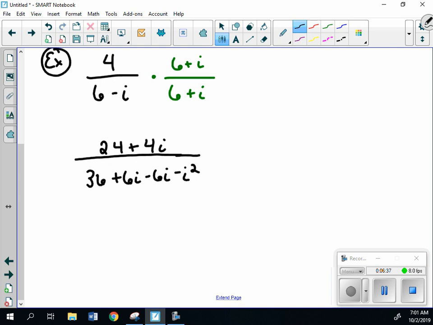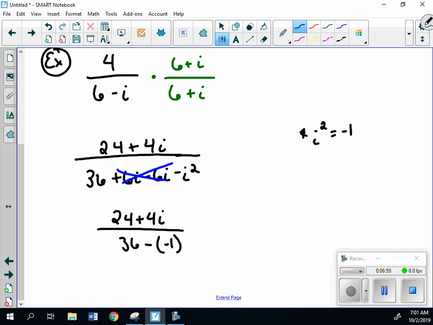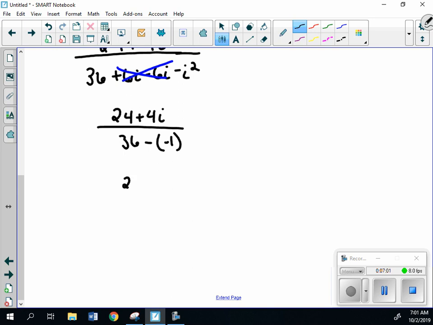So if I look at my denominator here, there's some things that happen when I multiply by the complex conjugate. The i's happen to cancel out because, remember, i squared equals negative 1. So now we have 24 plus 4i over 36 minus negative 1, which is going to give me 24 plus 4i over 37.